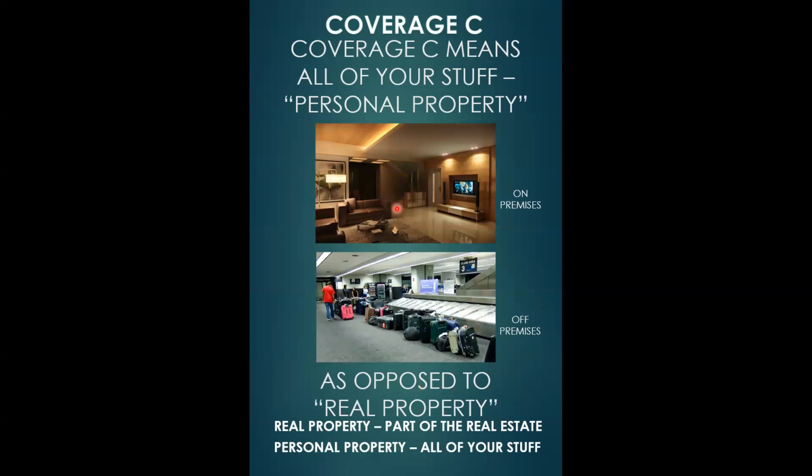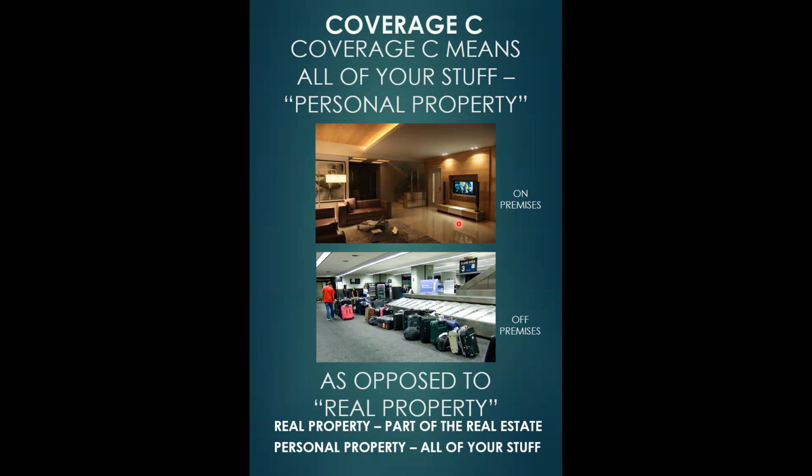Now, your stuff, your contents, your coverage C can sometimes be on premises. Here it's in the living room, but sometimes we pack up and go who knows where, and now we have contents off premises. So contents can be on premises or off premises. Coverage A and B, not really, because they don't go anywhere. There's no such thing, right?